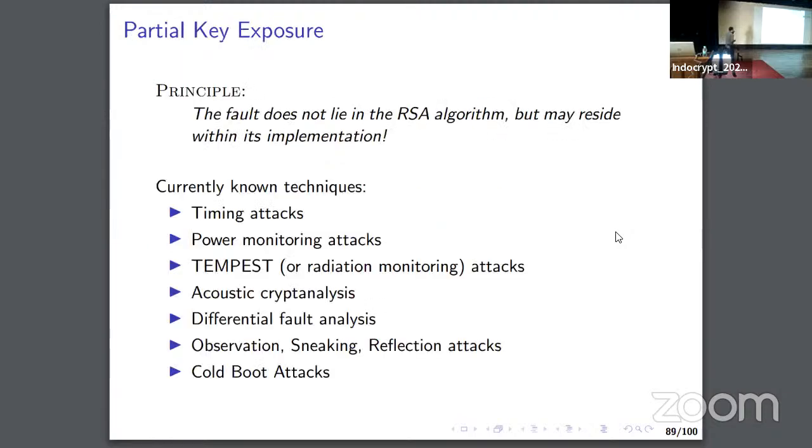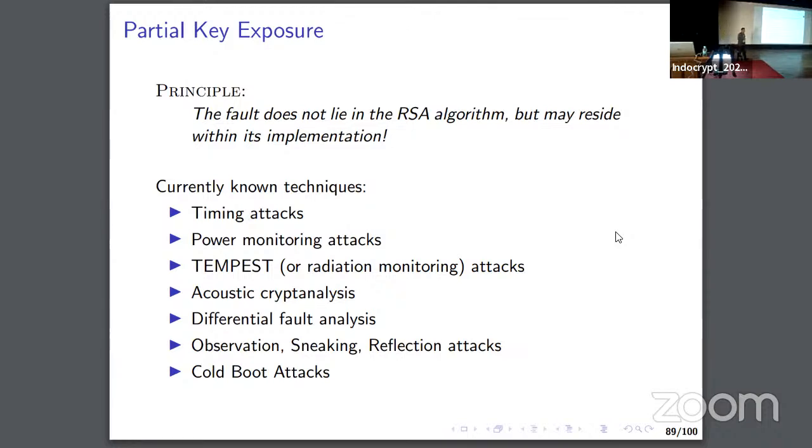Okay. Now come to another type of attack, which is known as the partial key exposure attack. In partial key exposure, we are assuming that we know some bits of, say, the primes or the decryption exponent. So the target is whether we can recover the remaining portion using this type of attack.